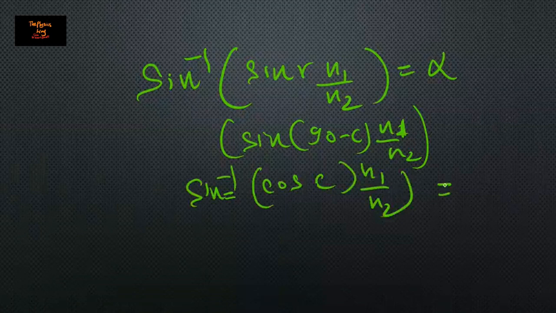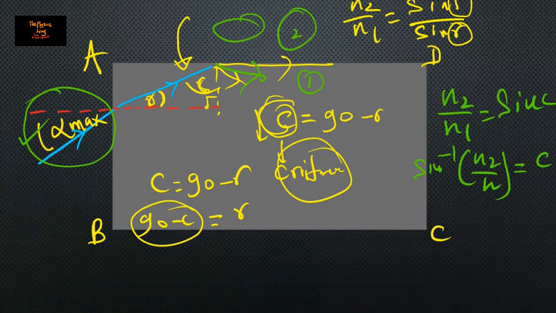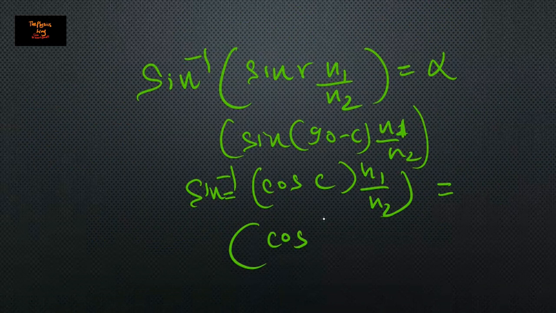Here again we have sine inverse. C we found earlier: C equals sine inverse N2 over N1, remember that. So alpha equals sine inverse of N1 over N2 multiplied by cos of sine inverse N2 over N1.